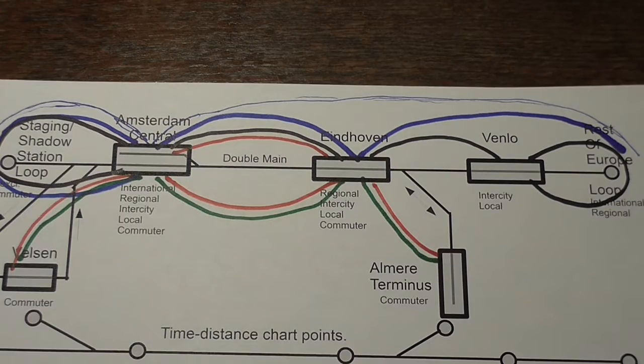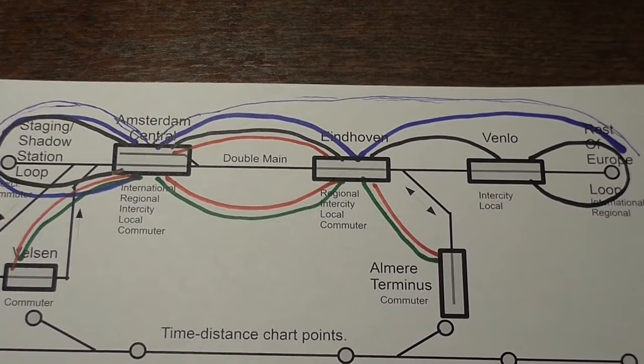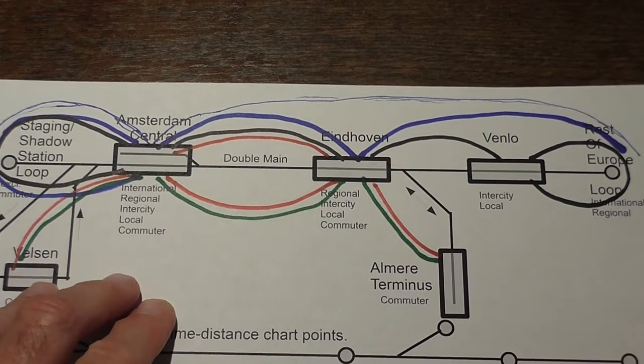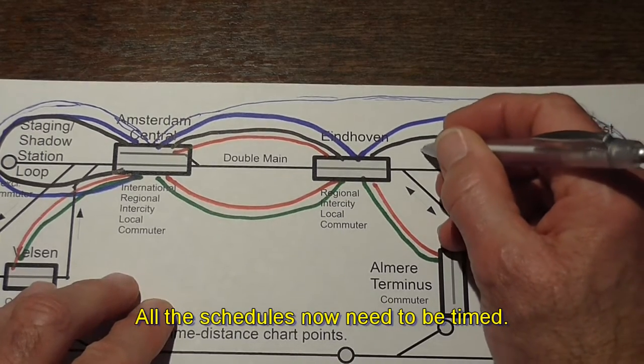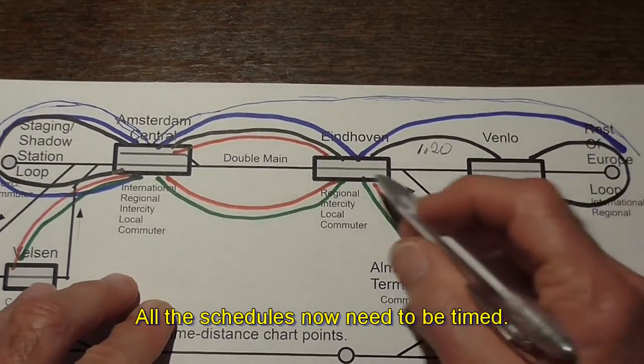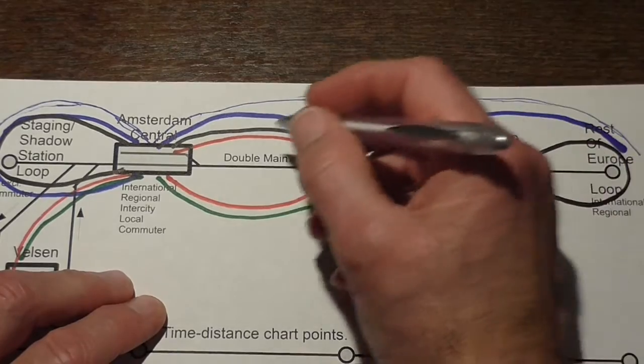Once you've got the schedules worked out to get from one station to another, then let the computer do that and just start noting down the times. On my layout, Eindhoven to Venlo was 1 minute 20.